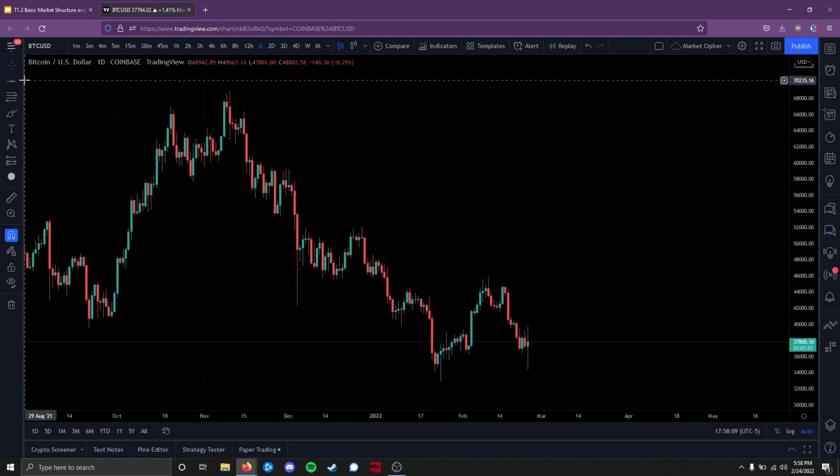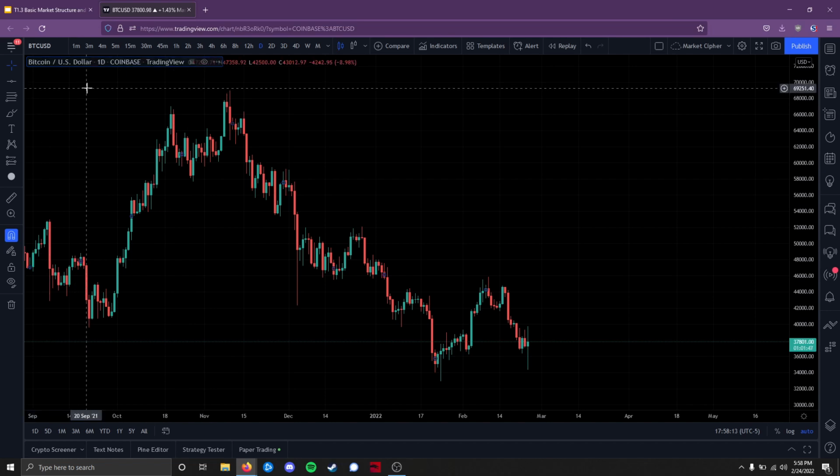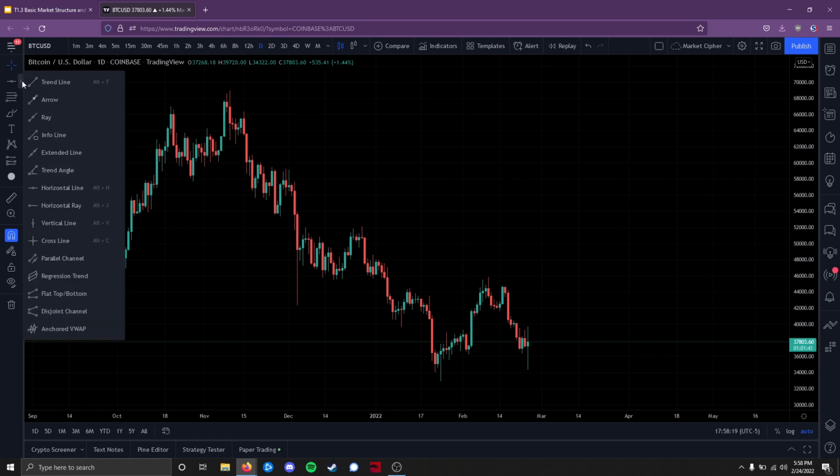So what we can do is go to our trend line icon over here. In this first tab, we want to click on this arrow to see all our different trend line tools. Before, we were using the horizontal line for support and resistance. What we're going to use now is the trend line.